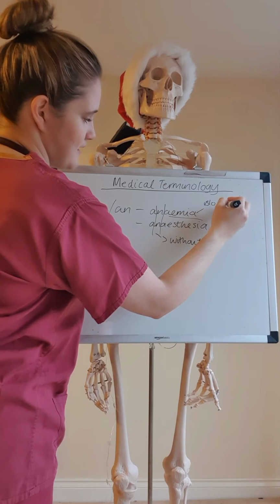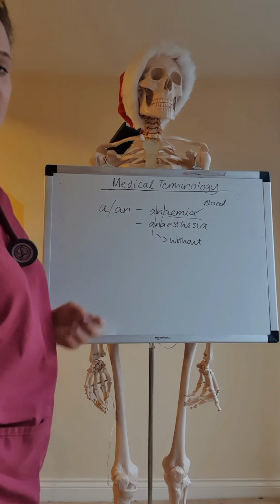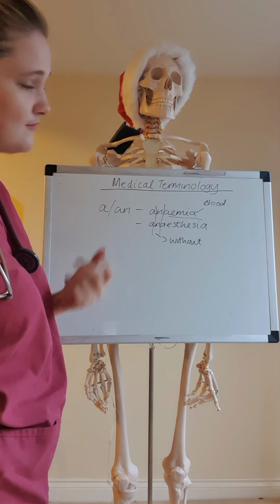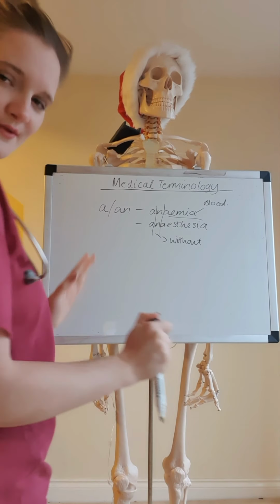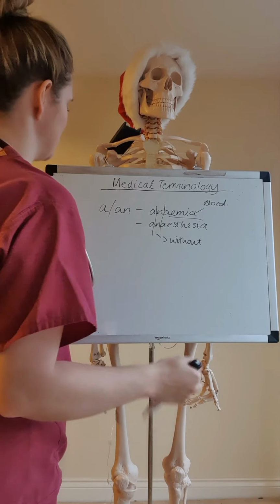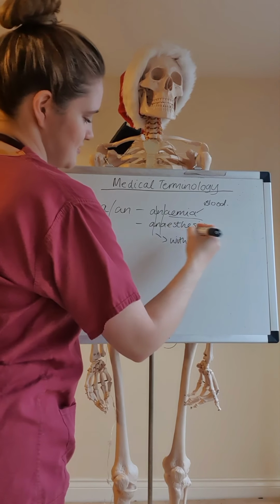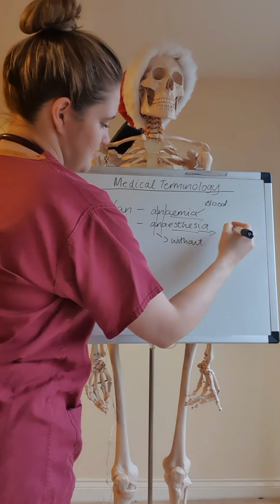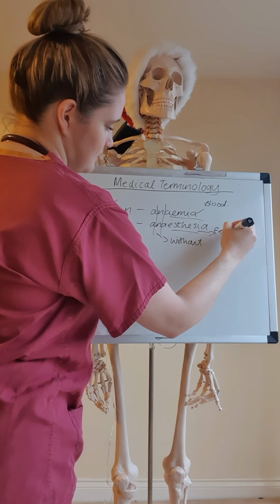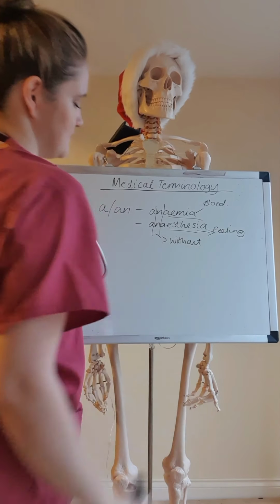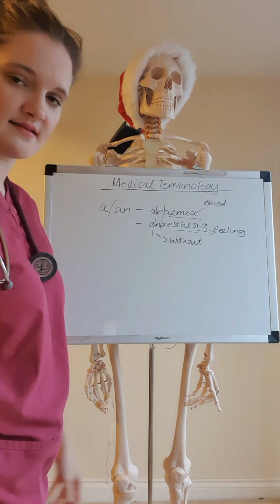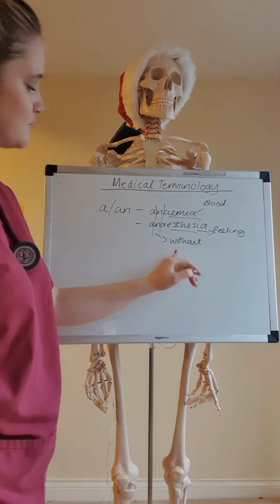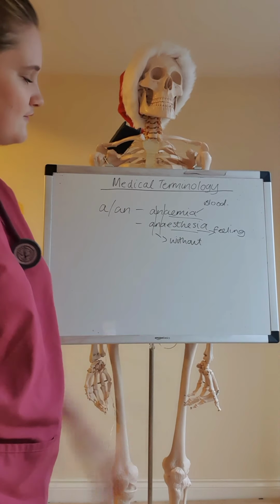So what can we take from that? That's without blood. Everyone's been anemic, I'm sure, at some point in their life, but you are not completely without blood, you are lacking in substantial blood volume. And anesthesia is feeling. So with anaesthetic, you are without feeling. When you go under general or local anaesthetic, you can't feel what's happening. That's all that means. It's just without feeling.